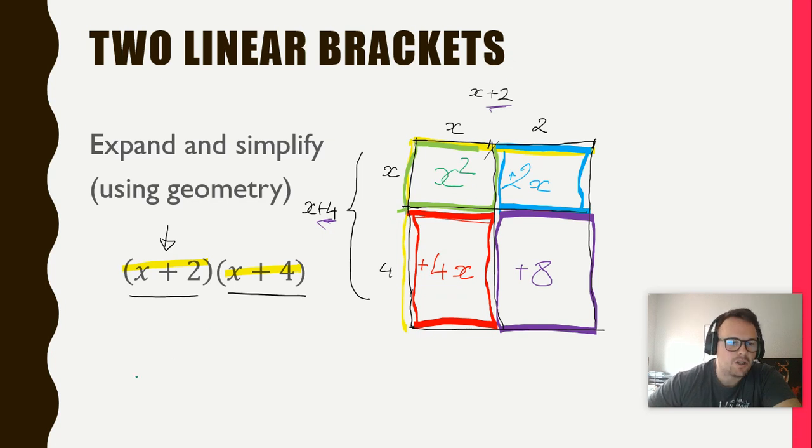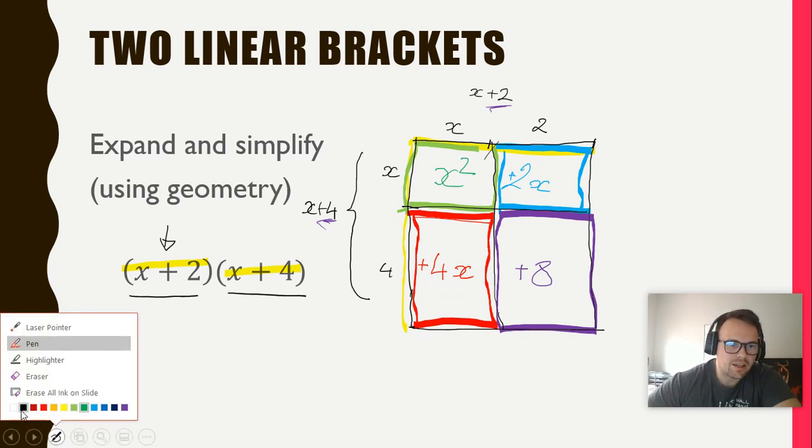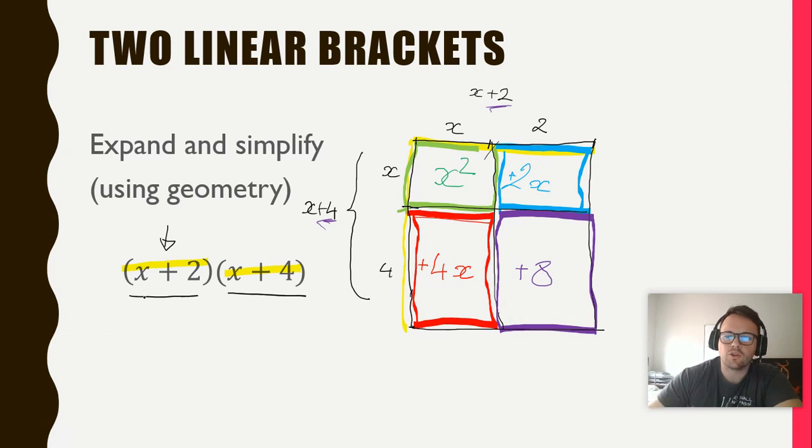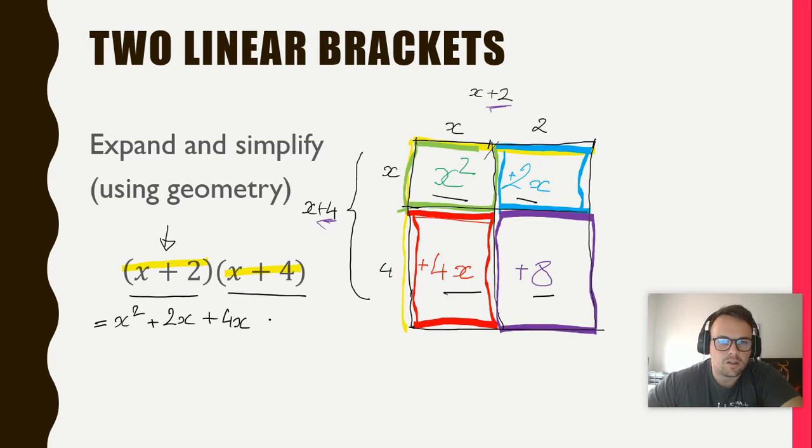So what is the total area, which is also equivalent to the expansion of this double bracket? It is x squared plus 2x plus 4x plus 8.